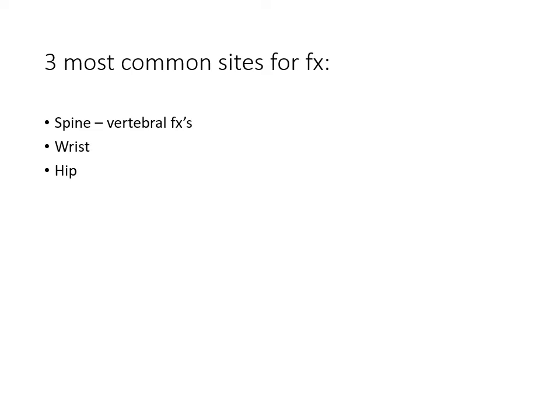The three most common sites of fracture you will see due to osteoporosis are the spine, the vertebral fractures. Most commonly you will hear compression fractures of the spine. Those are mostly due to osteoporosis. Then fracture of the wrist, fracture of the hip.